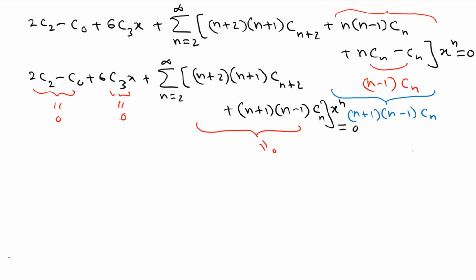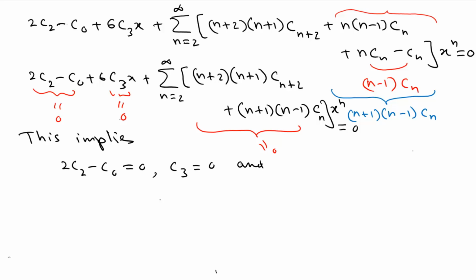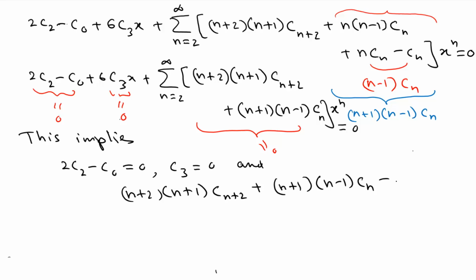So this implies 2c2 minus c0 equal to 0, and c3 equal to 0, and the expression (n plus 2)(n plus 1)c(n+2) plus (n plus 1)(n minus 1)cn equal to 0 for n starting from 2, so 2, 3, 4, like that.